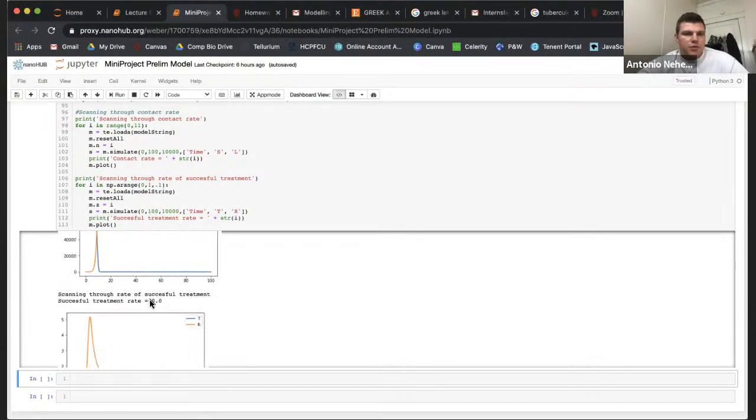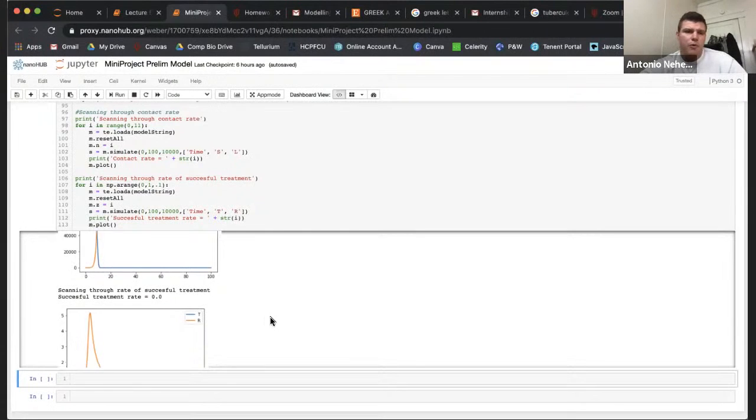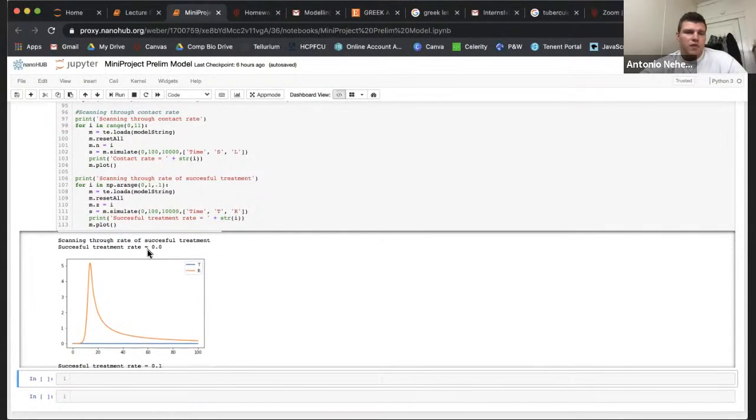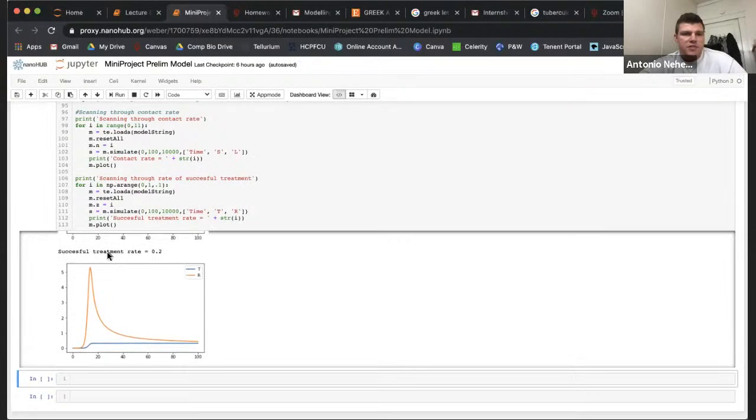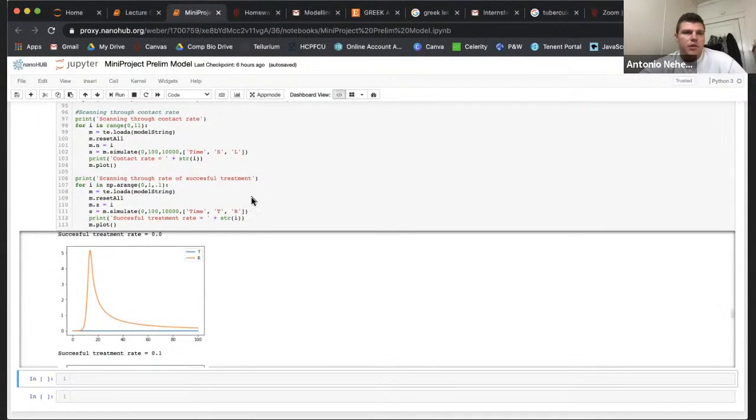The other one that they didn't list, I think this is the one, is the successful treatment rate. Yeah, they never listed this either. I don't know if that was just an error in their reporting, but they didn't even reference another appendix for this. So I decided to scan through that too and see what happens. As you increase the successful treatment rate, that would be part of the people that you're identifying for treatment.